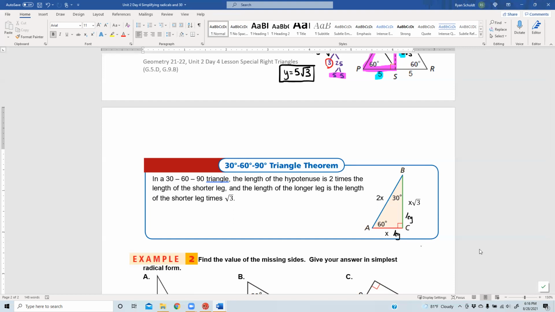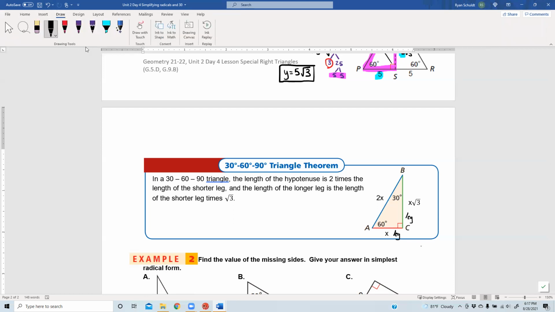So those are our 2 legs. The short leg is x. The long leg is x square roots of 3.